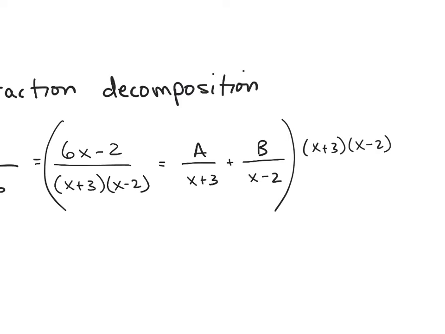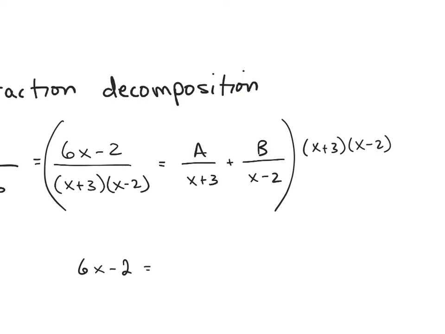So if the common denominator multiplies all the way over here, the x plus 3, x minus 2 would just cancel out, leaving the 6x minus 2 in the numerator. So 6x minus 2 with no denominator.